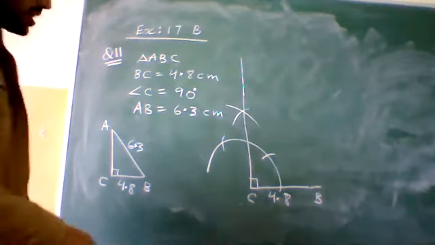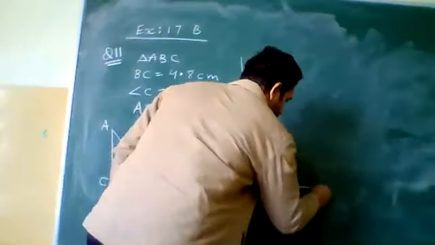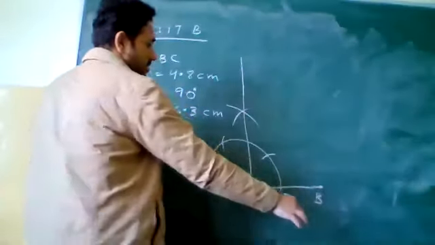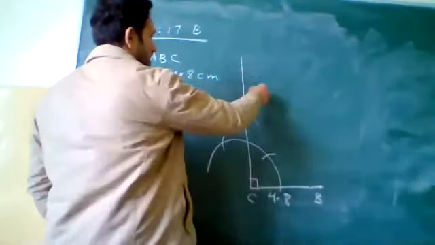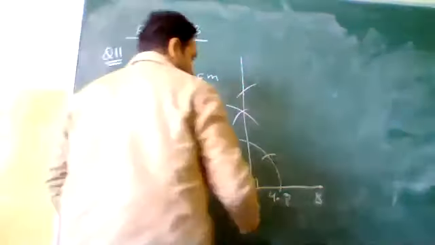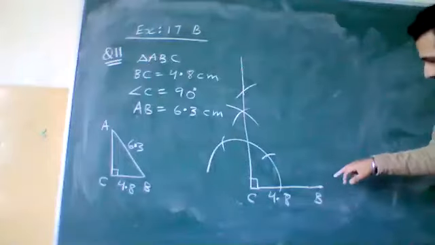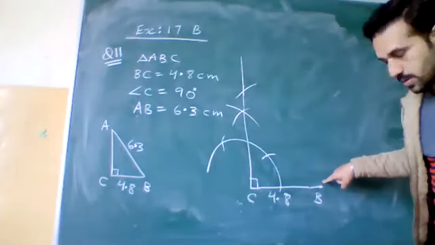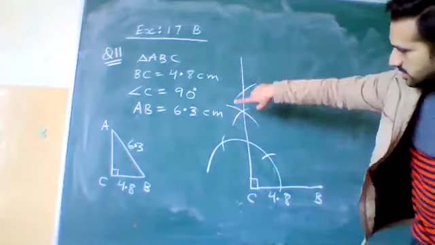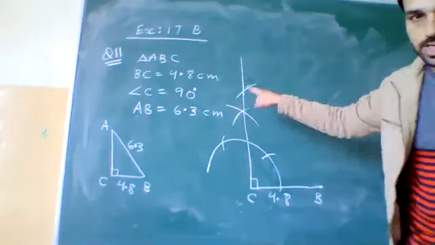Then keep your compass at point B and make an arc on this side, at a 6.3 centimeter distance.